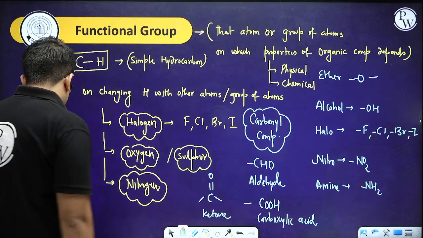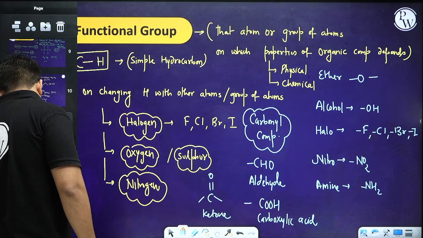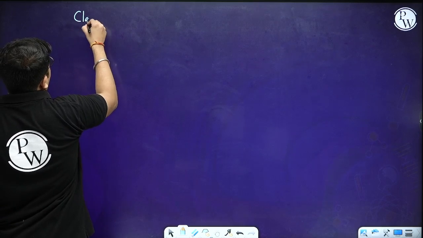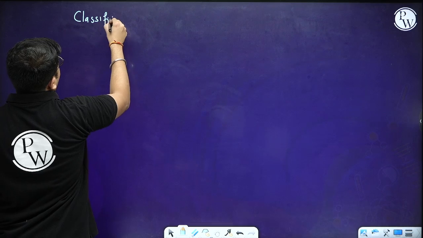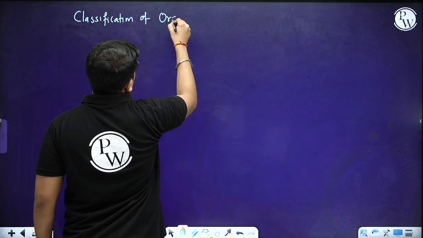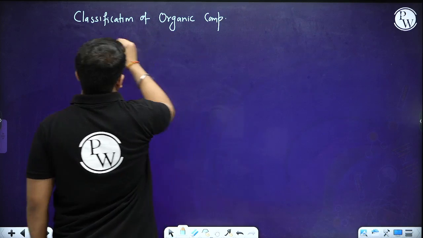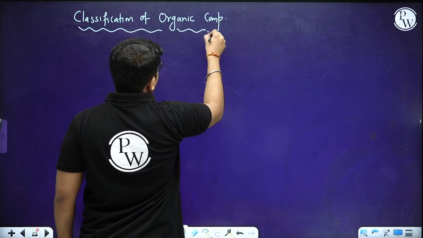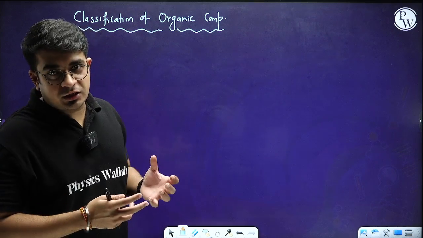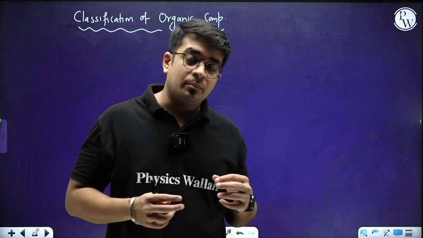Okay, now the next part is very interesting. Next part is basically related to the classification of organic compounds. This is the most interesting portion because nomenclature always starts if you know the basic idea, like what is the actual representation of an organic compound and how it looks.